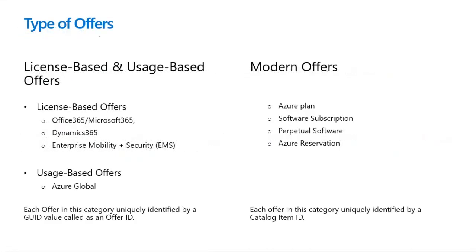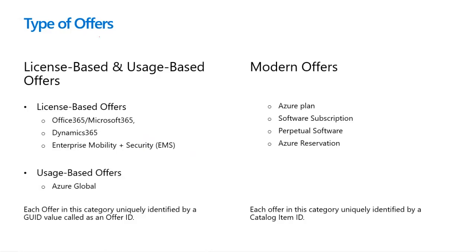There are two major categories. First is license-based and usage-based offers, and second is modern offers. License-based offers include Office 365, also known as Microsoft 365, Dynamics 365, and Enterprise Mobility and Security, that is EMS.